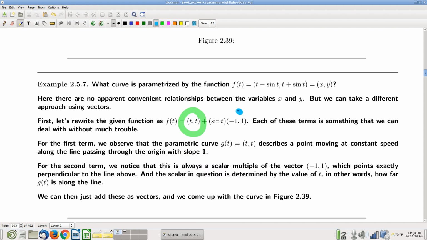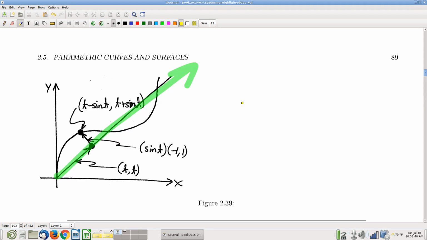This one has an oscillation happening because you see that sine t there, but it's an oscillating factor times a constant vector of -1, 1. And -1, 1 is an easy vector to draw. There's -1, 1. Let me put it in a box.